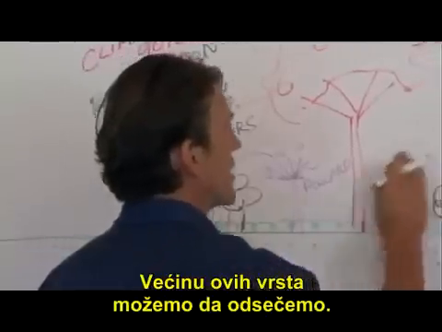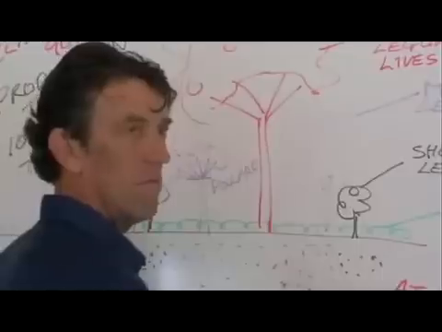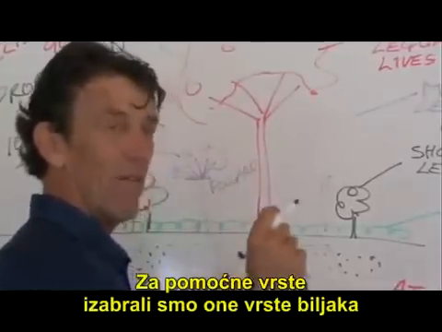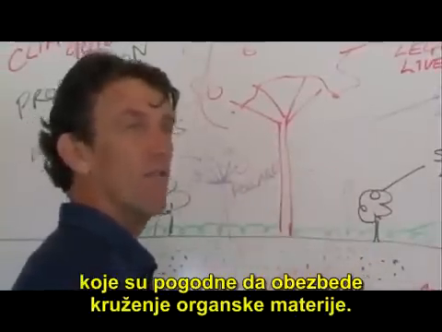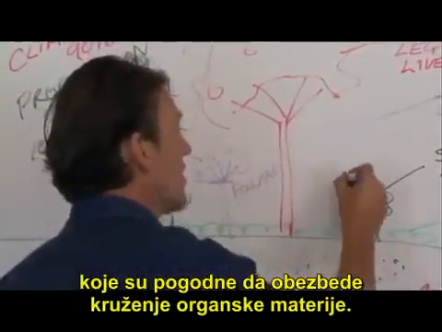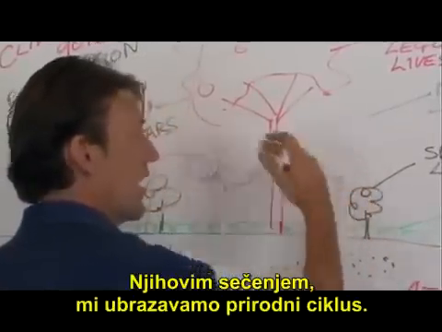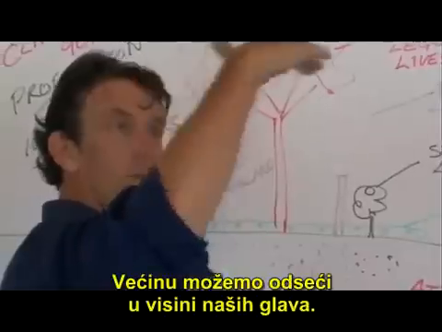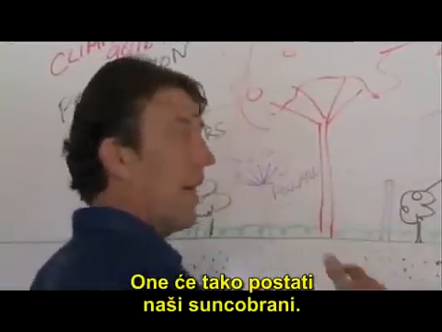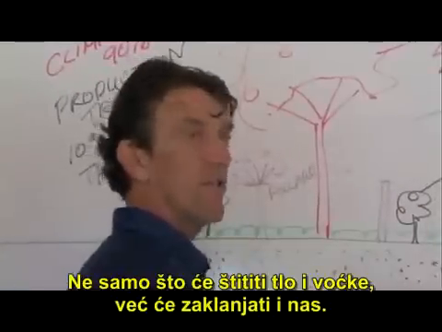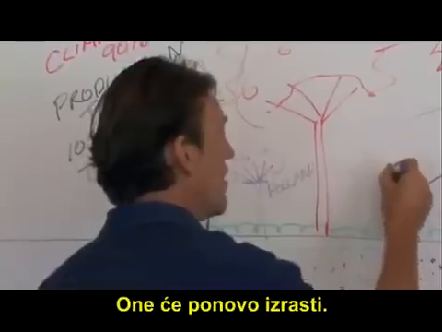Every one of these species here can be cut, or most of them. Our preference of support species is that they can be cyclers of organic matter, and we can speed that cycle up. So we can cut them, and a lot of them we can cut at head high. So they become our shade umbrellas. They're not only shading the forest floor and shading the fruit trees, but they're actually shading us too. And they will regrow again.